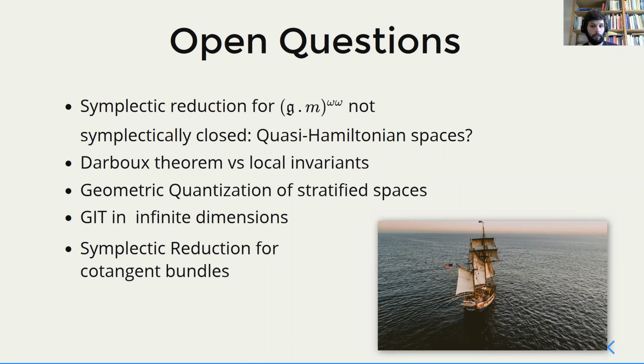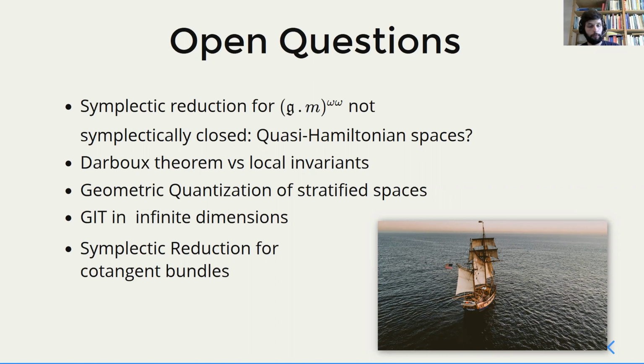And then, a bit more in the direction of constructing quantum field theories. One way would be to first reduce to get a stratified symplectic space using these infinite dimensional versions of symplectic reduction. And then in the next step, construct the quantization by some form, for example, of geometric quantization or deformation quantization of stratified symplectic spaces.